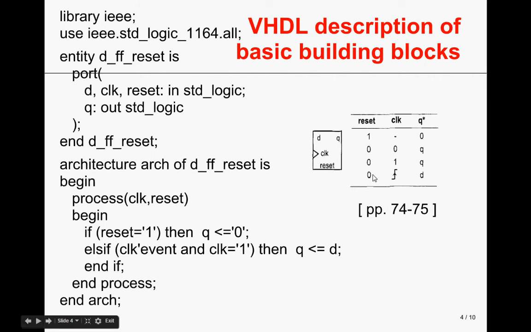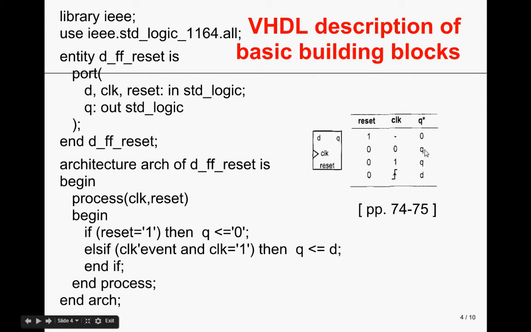Well, we will start by looking into the VHDL description of a basic D-type flip-flop with an asynchronous reset, which has the truth table shown on the right of this slide.